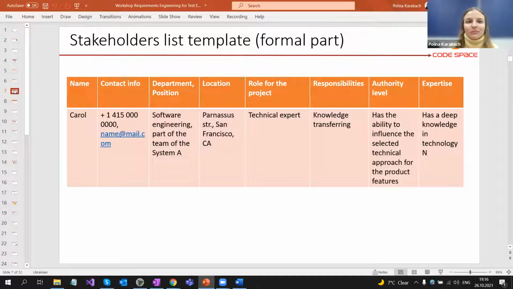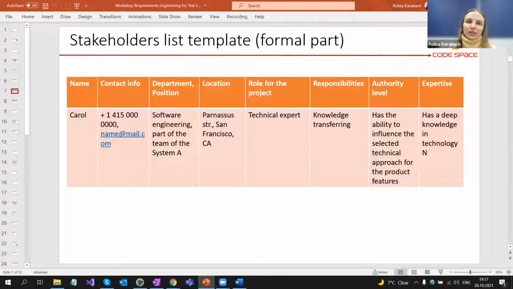It's a stakeholders list. It's an internal tool for the team to maintain, to understand who our stakeholders are. The formal part of this list has stakeholder name, contact information, position, department, physical location, role for the project, responsibilities, authority level, and expertise.